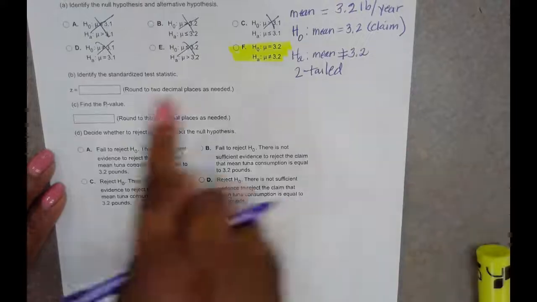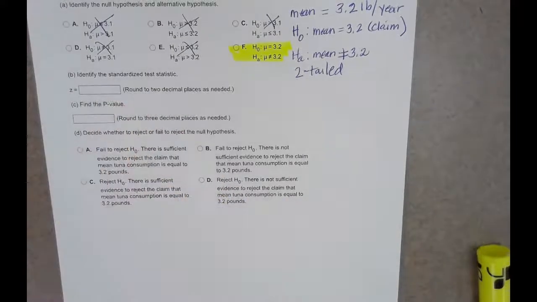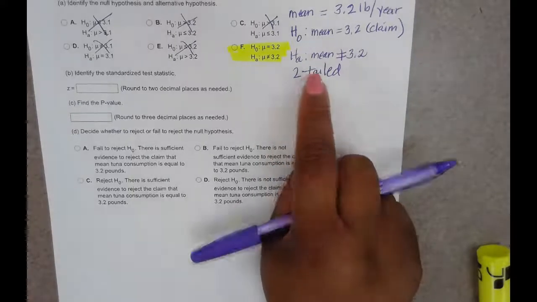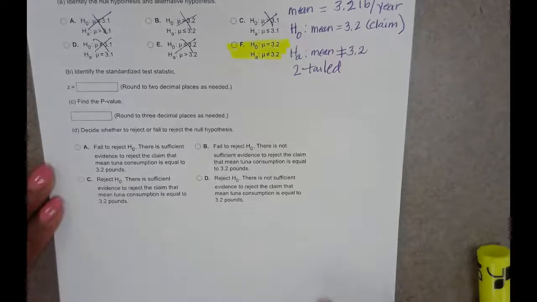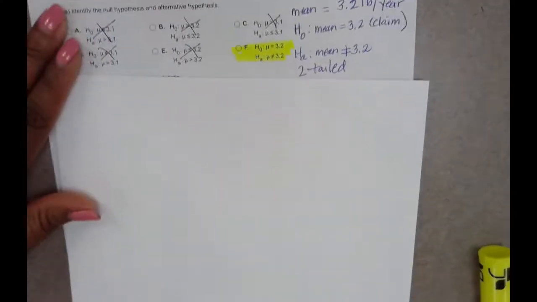So, let's find our Z. Well, you should be saying, Miss Thomas, in the other problem before we found Z, in a two-tailed test, we need to find our critical region. Let's do that. So I'm going to transfer to another sheet to continue.